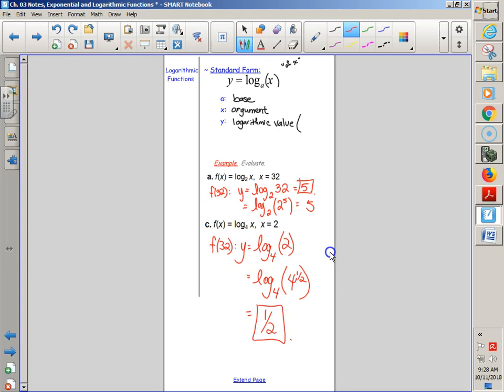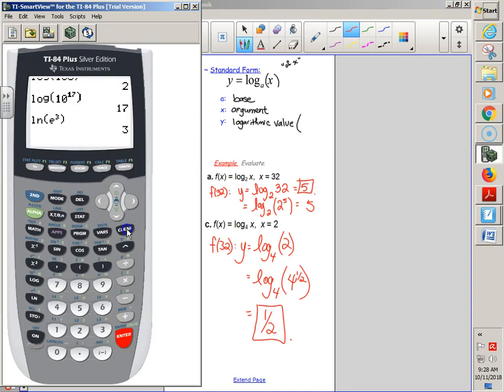Ooh. Can anyone give me another? In your calculator, can you get a logarithm and an exponential to equal 1/2 another way? What's another way that we could get our calculator with a logarithm to equal 1/2 without using 4 and 2? 16 and 4, does that work?